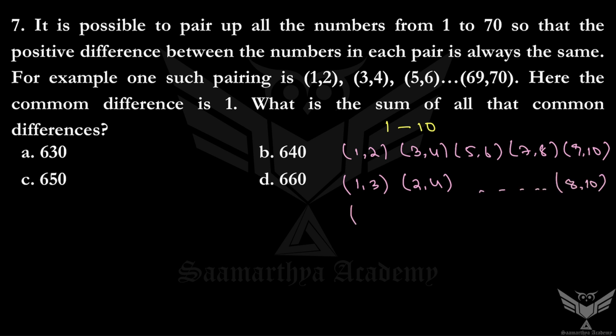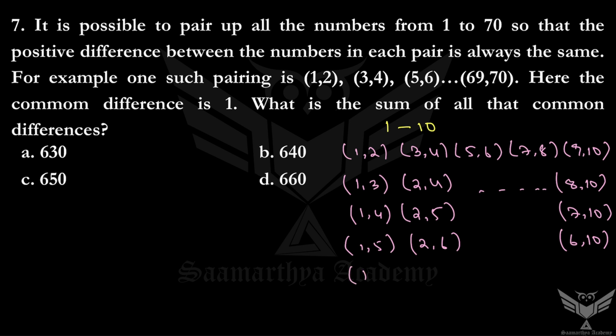Now with a difference of 3: 1, 4, then 2, 5, then 7, 10. Then 1, 5, 2, 6, difference is 4, so 6, 10. And the last one is 1, 6, 2, 7 till, difference is 5, so it is 5, 10.